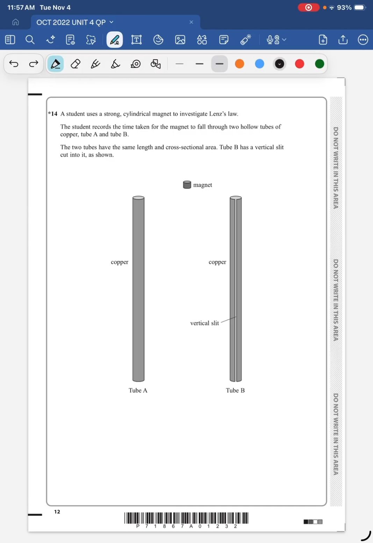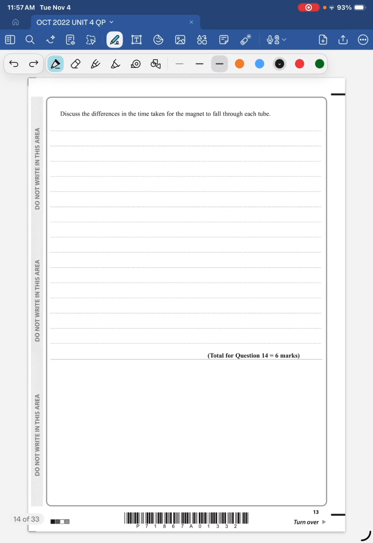The student records the time taken for the magnet to fall through two hollow tubes of copper, tube A and tube B. The two tubes have the same length and cross-sectional area. Tube B has a vertical slit cut into it as shown. Discuss the differences in the time taken for the magnet to fall through each tube.